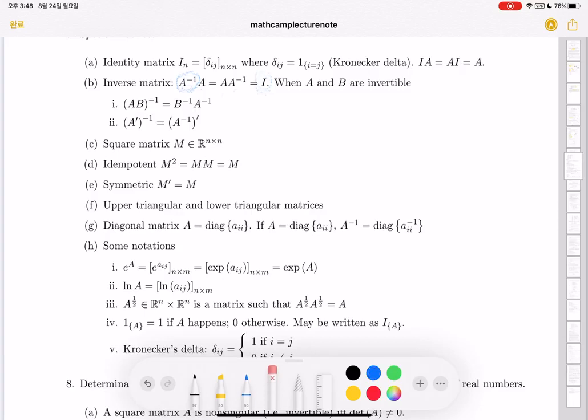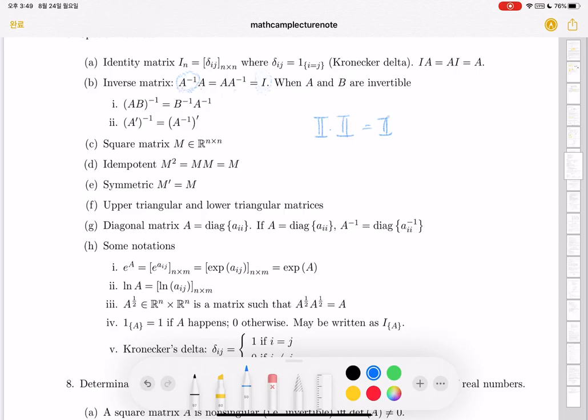An idempotent matrix is one that, when you multiply it by itself, gives you the same matrix. Okay, an identity matrix is idempotent, but an idempotent matrix is not necessarily an identity matrix.